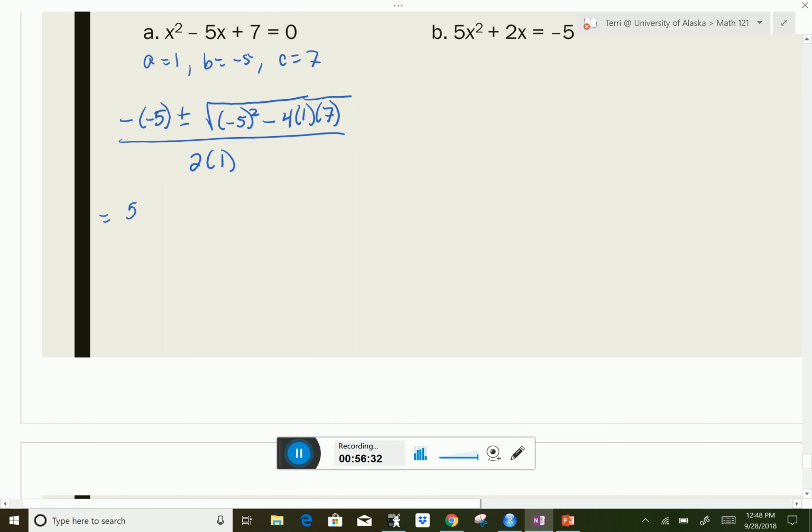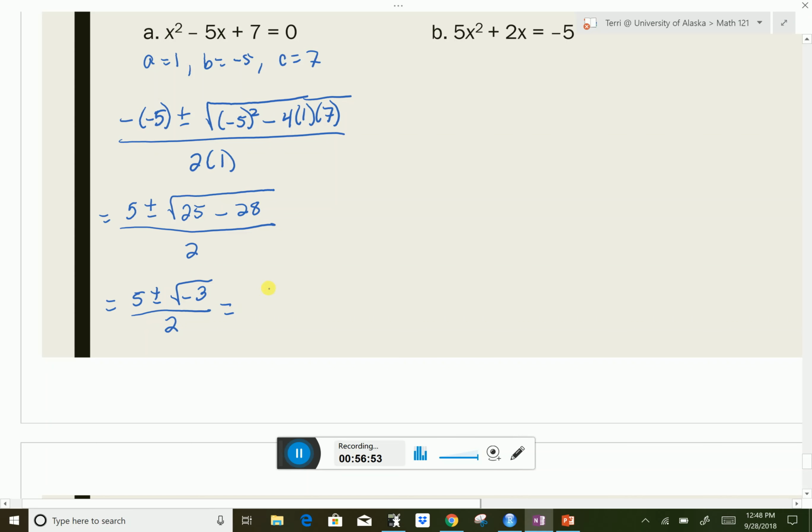So I have positive 5 plus or minus the square root of 25 minus 28, all over 2. 5 plus or minus the square root of negative 3 over 2.